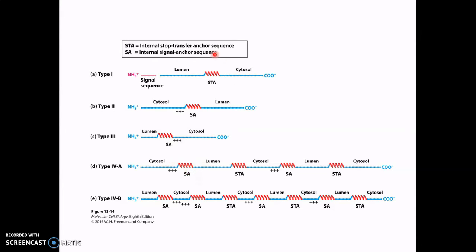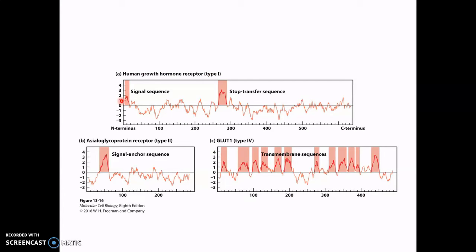And we can actually utilize this by taking an algorithm and scanning protein sequences and looking for what might be recognized as a signal sequence. So something that has a particular number of amino acids and has positive charges to one side or the other.